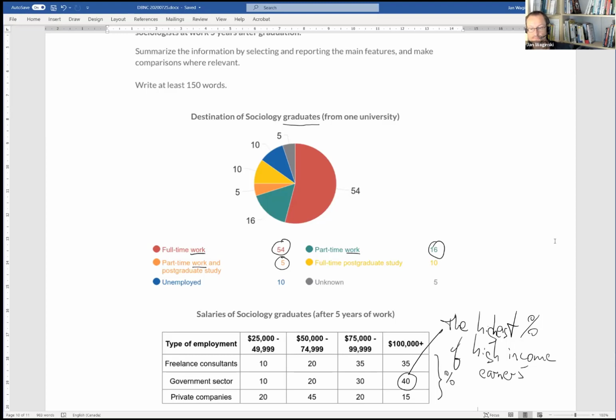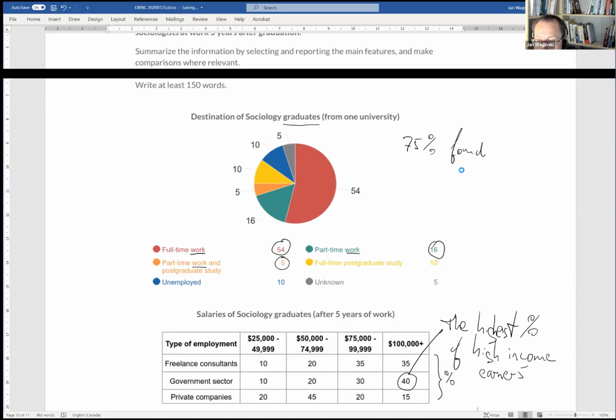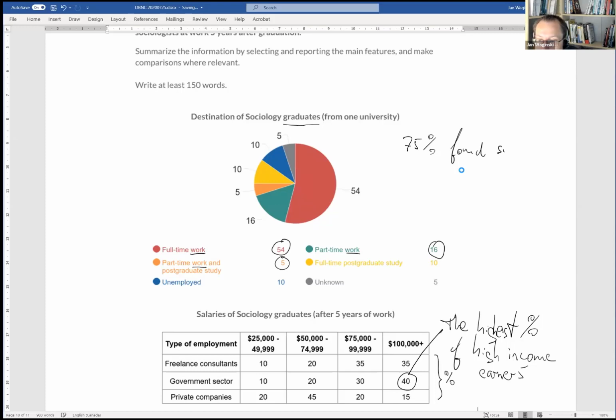What's the biggest, broadest general pattern of what's going on? 75% of the students are working. Yes. Full-time, part-time, or work with study. Right, so 75% found some kind of work. Yes.